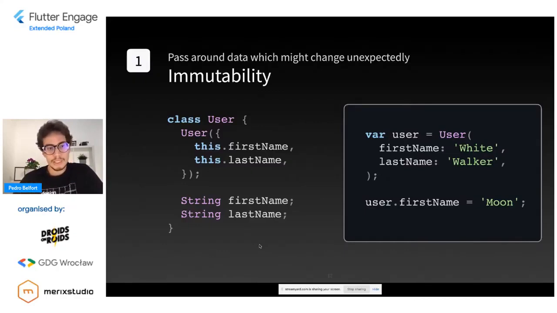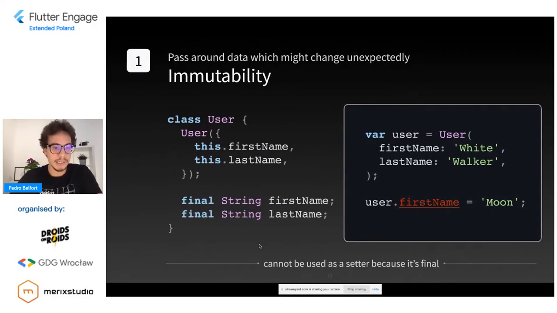Let's say that I have a user object with the first name and the last name. Now, obviously, this class on the left is not immutable yet, but we're going to do it. This means that I can go ahead and declare my user, which is a white walker, and I can change its name to Moon if I want to.